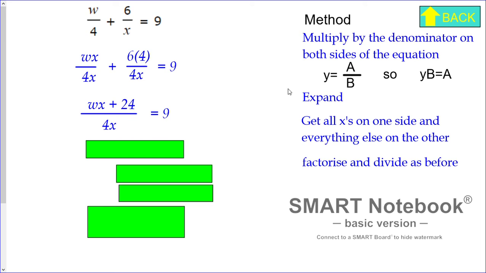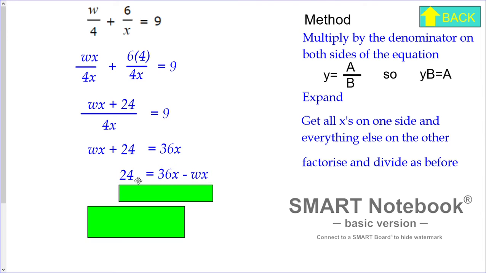Now we follow the same method as before. We need to multiply by the denominator, in this case, 4x. So we end up with wx plus 24 equals 36x. Bring all the x's to one side. This time I'm going to bring wx over to the right so that I can keep this a positive 24.